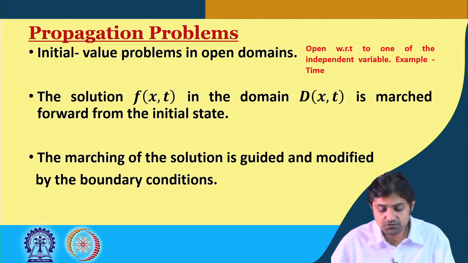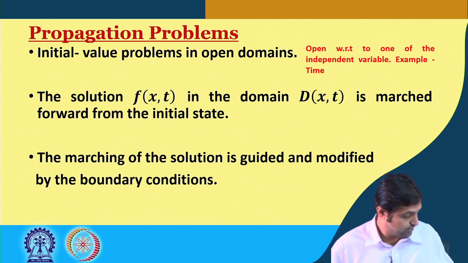So, the marching of the solution is guided and modified by the boundary conditions. We still have to specify the boundary condition, and we will also have to specify the initial values at all the points in the domain. So, boundary conditions and also the values at all the points in the domain initially too.